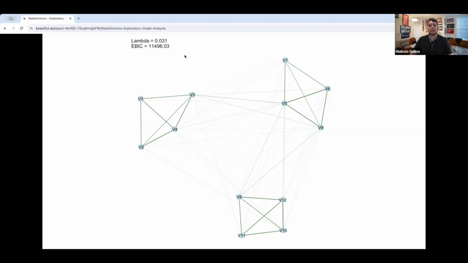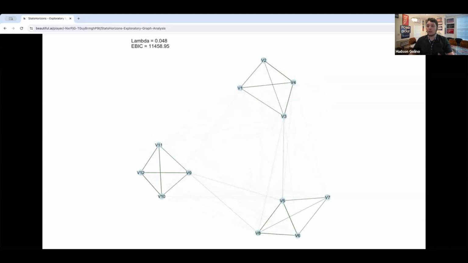So higher partial correlations will generate edges that are thicker. Basically that's it. And then when we have this network structure, we can compute the extended Bayesian information criteria, which is a fit metric. We can then vary lambda, and as we increase lambda, we shrink the partial correlation coefficients down towards zero.